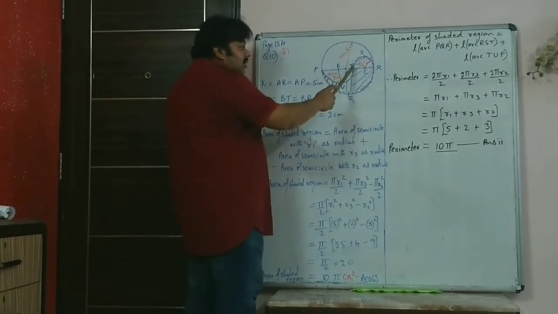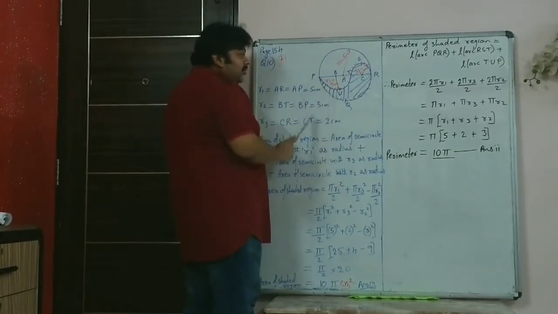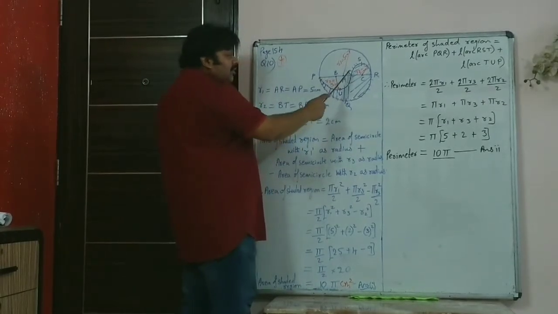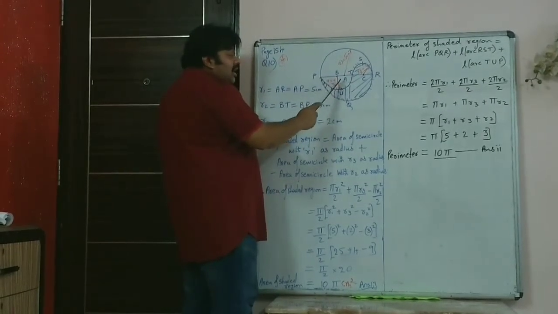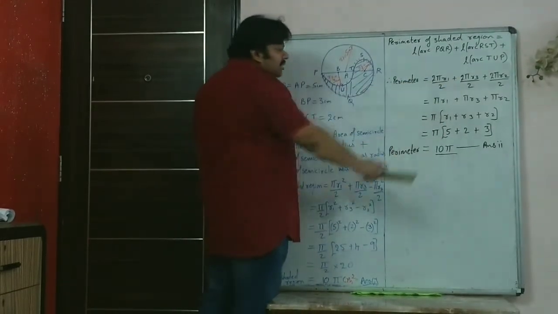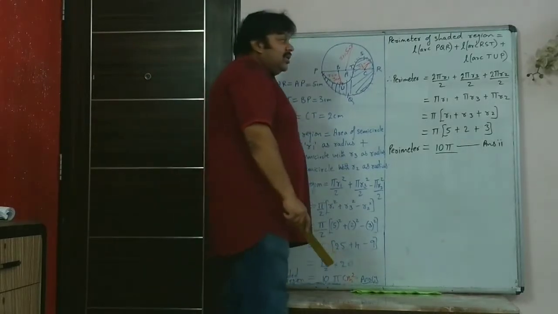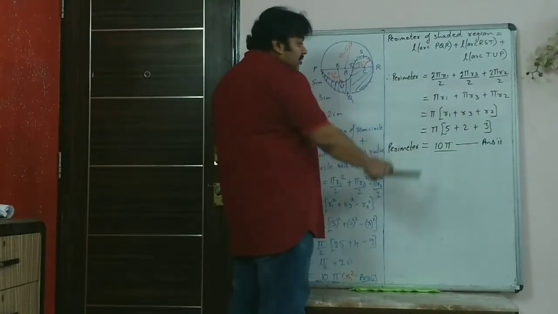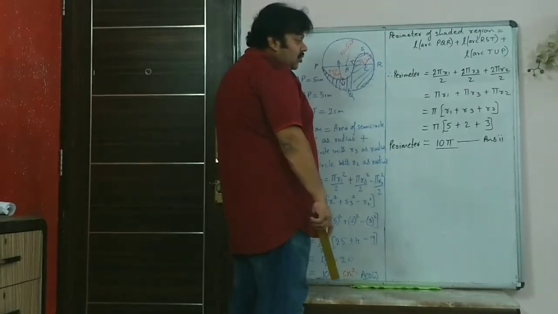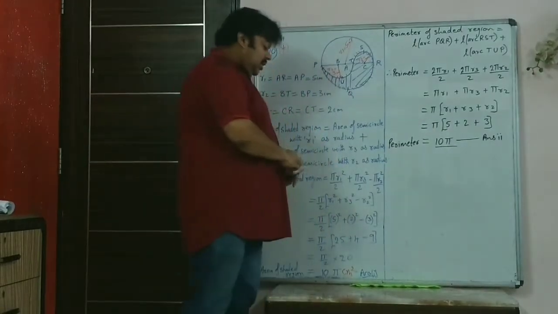So that is what I told you, don't mug up formulas blindly, you have to apply them properly. And the third one is the arc TUP. So it is the length of the arc TUP which is 2 pi, now this is R2 upon 2. So the 2 and 2 get cancelled in each of them. So it is pi R1 plus pi R3 plus pi R2, which is pi into R1 plus R3 plus R2. So 5 plus 3 plus 2, so it is 10 pi.